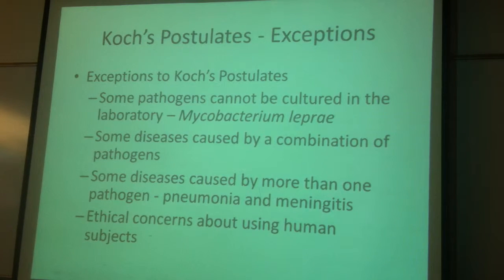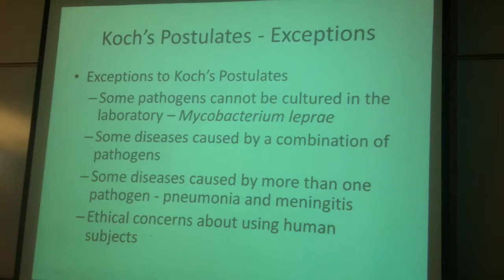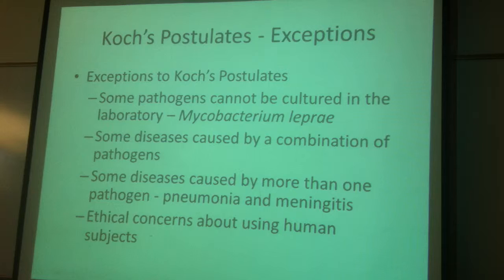So, some pathogens cannot be cultured in a laboratory. Some diseases are not caused by a single pathogen. If you need multiple pathogens, then that's not something you can isolate to a pure culture because you need more than one, so it won't be pure. And then yes, we have ethical concerns because you can't really start injecting humans with things you think are going to make them sick. Unless you're chicken. It's not a very good idea.